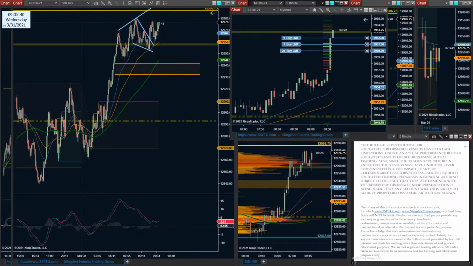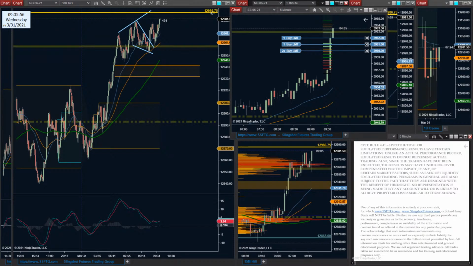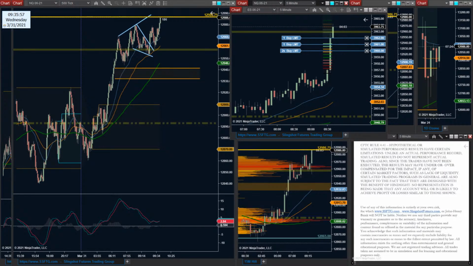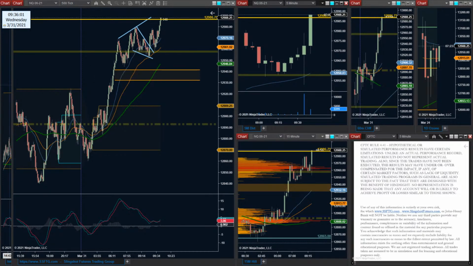NASDAQ just kind of poking into the top, but it's not really doing much of anything. Crude oil breaching the lows for a second, but then coming right back up. Man, S&P doesn't want to play ball.